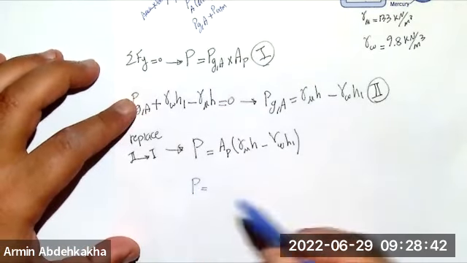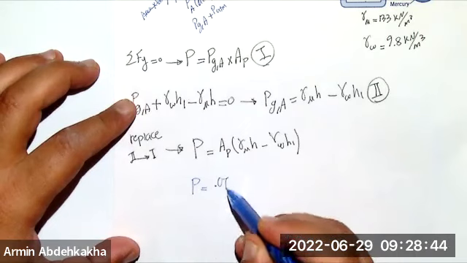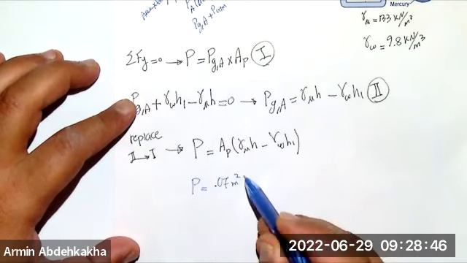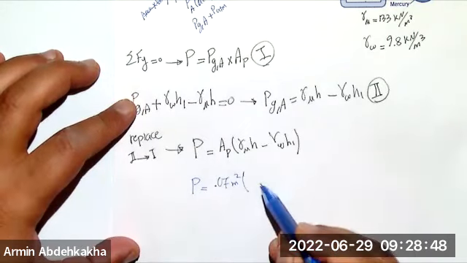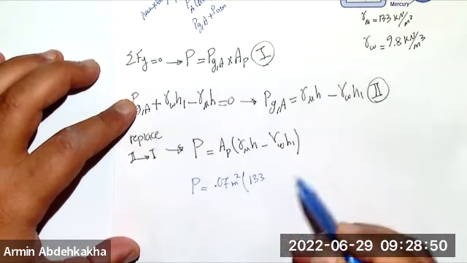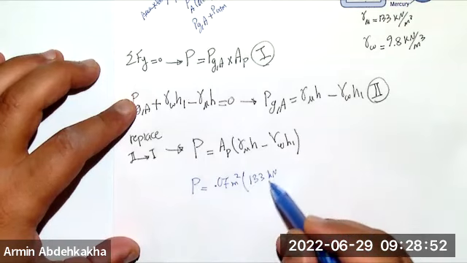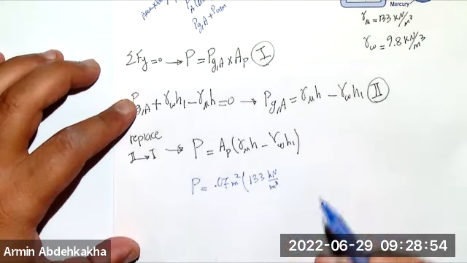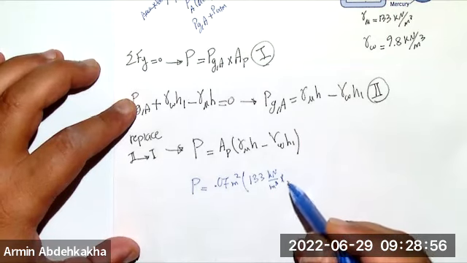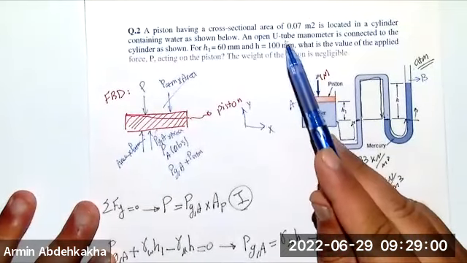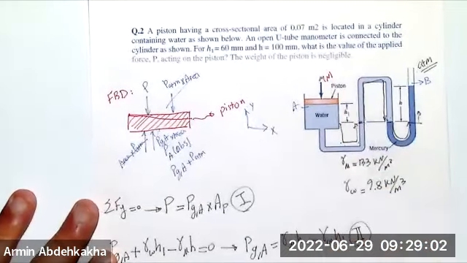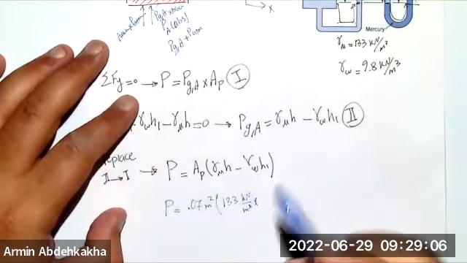So the P is 0.07 meter square times that's the area. Gamma mercury is 133 kilonewton per meter cube times H, which is 100 millimeter, given here, and the H1 is 60. So 100 millimeters is 0.1 meter.